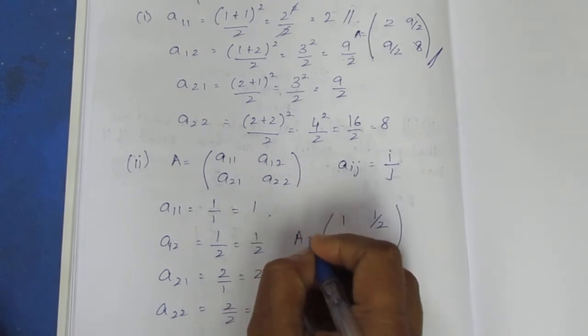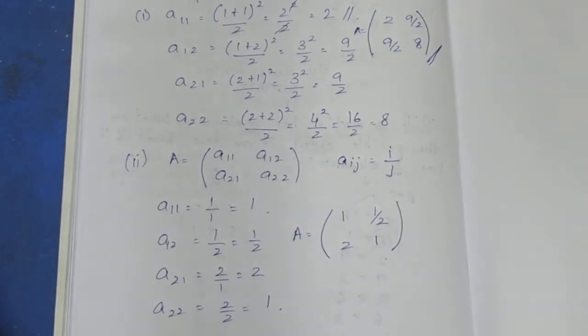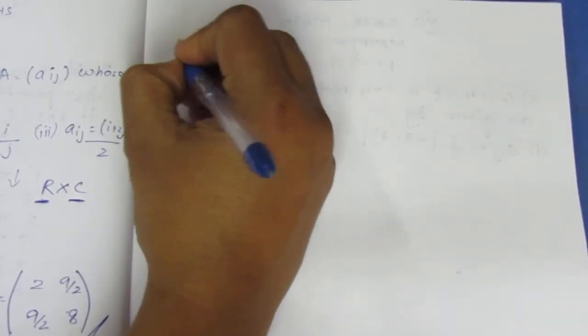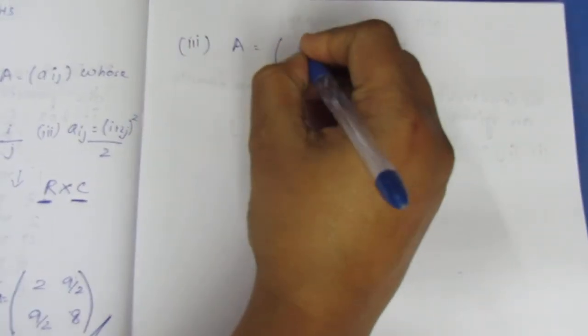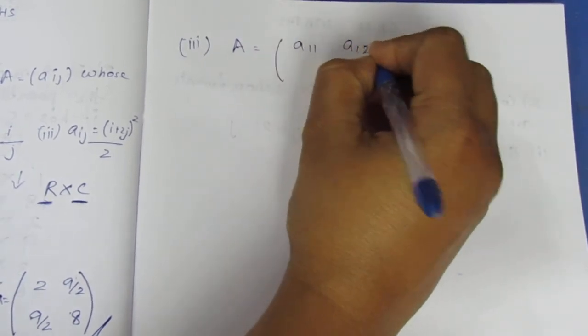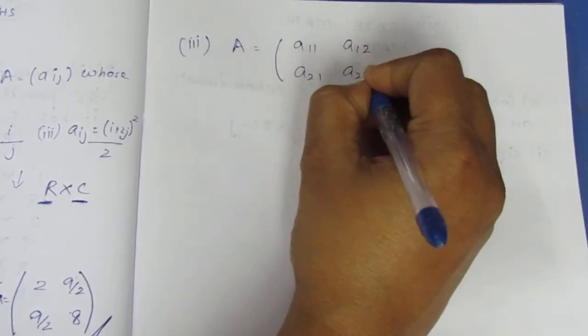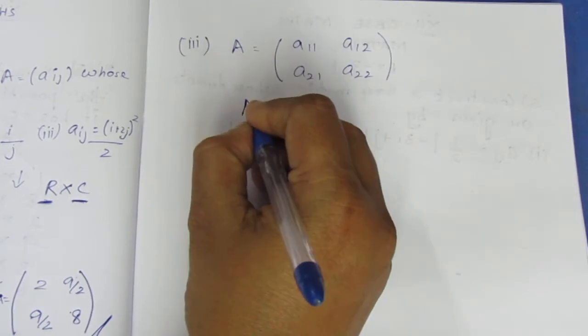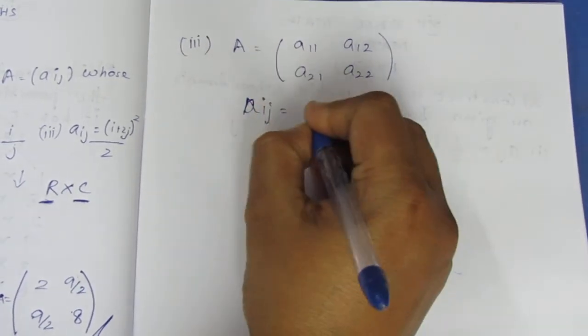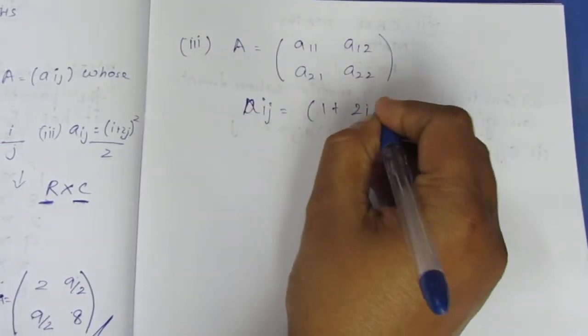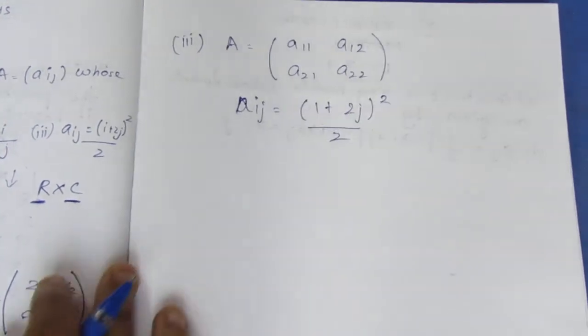A is equal to. Now we'll move on to the third one. Third subdivision. Let me construct it first. a11, a12, a21, a22. Now it is given that aij is equal to (i plus 2j) the whole square by 2.